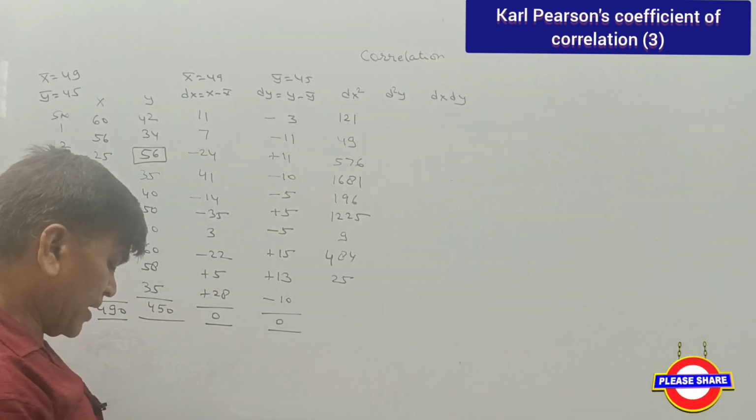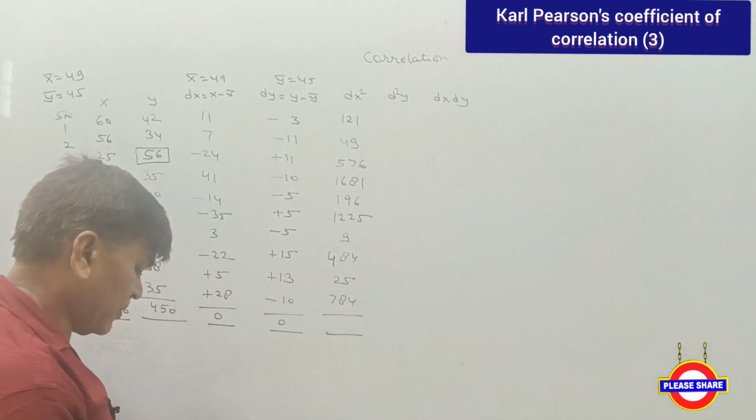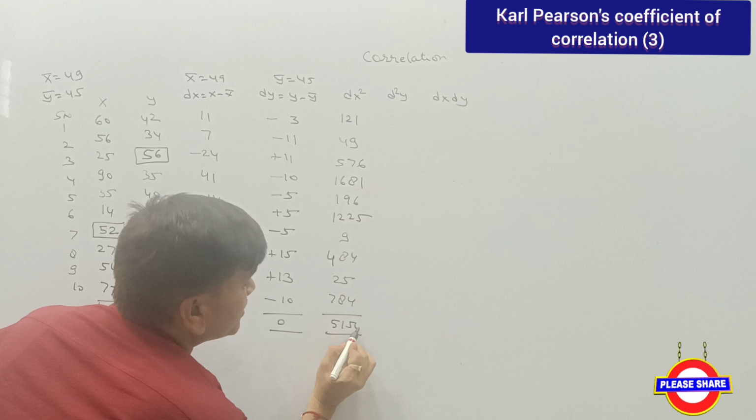And the last one, 28 multiply 28, that is 784. So the addition of all these items is 5150.